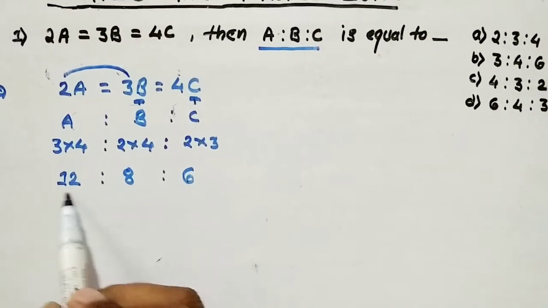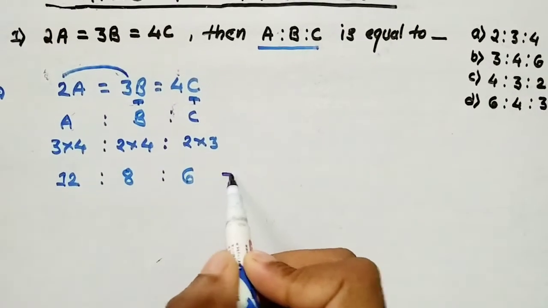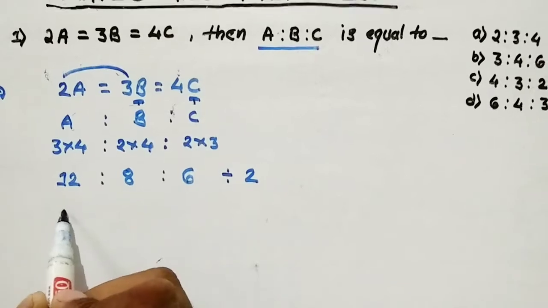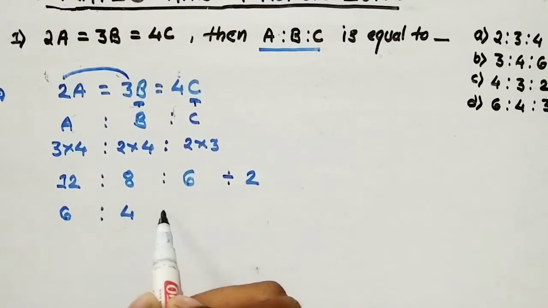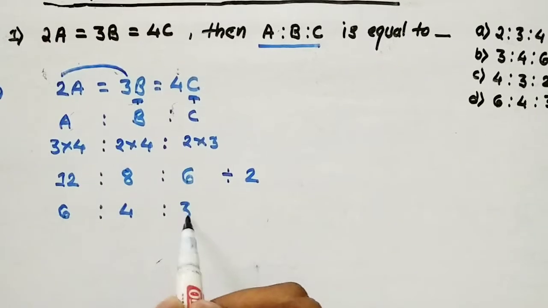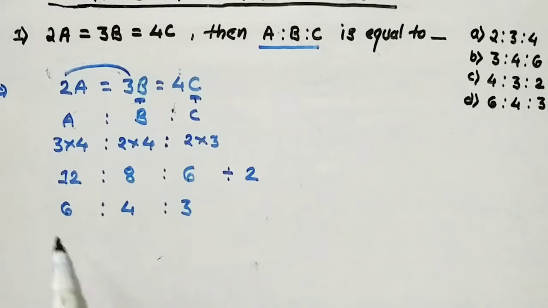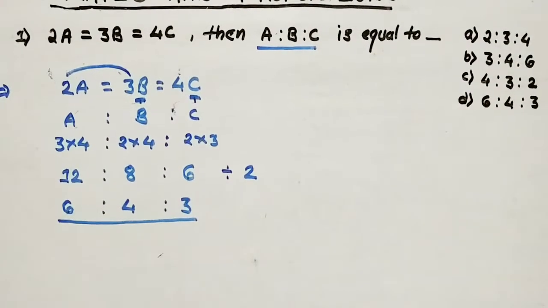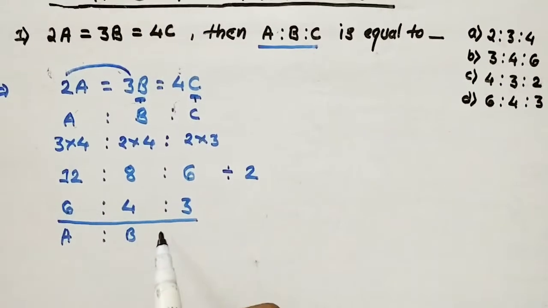These 3 terms are even, so divisible by 2: 2 sixes are 12, 2 fours are 8, and 2 threes are 6. So a is to b is to c, that is 6 is to 4 is to 3.